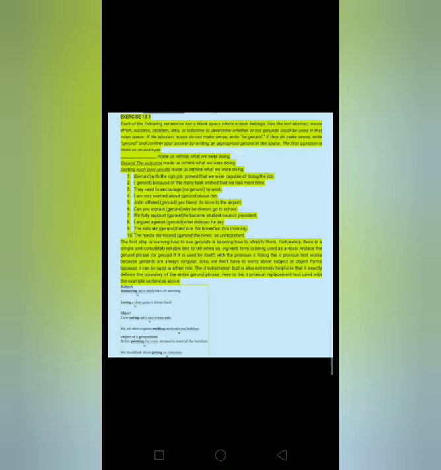I'm very worried about gerund, about him. 5. John offered gerund a friend to drive to the airport. 6. Can you explain gerund why we don't go to school? 7. We fully support gerund, he becomes student council president.